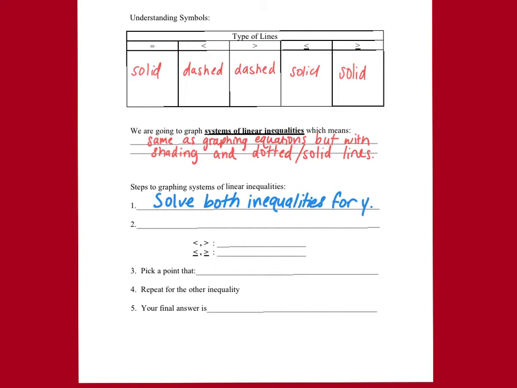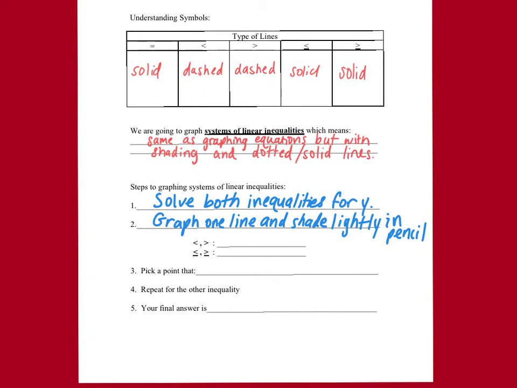Then we are going to graph one line and shade it lightly in pencil. If you don't have a pencil, you're going to need to borrow one. Keyword is lightly. Don't dark shade it, because then it's going to be hard to go back and erase, which is what we have to do.